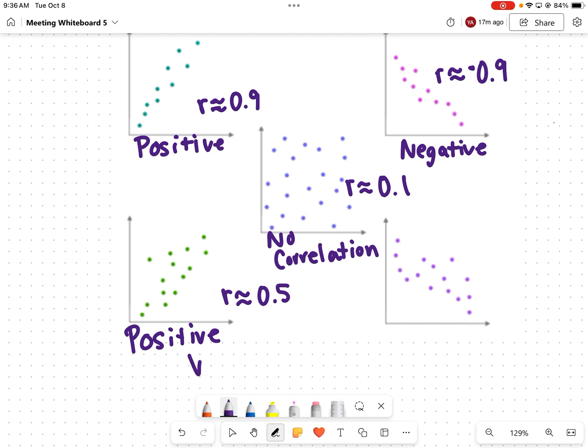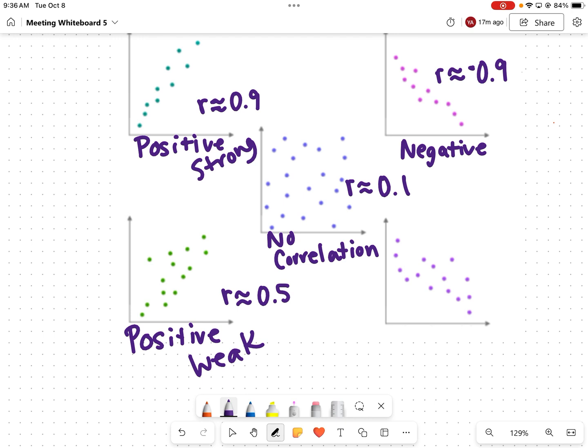So this is considered weak. The one above it would be considered strong. This one is no correlation. It's basically 0 correlation, very weak.